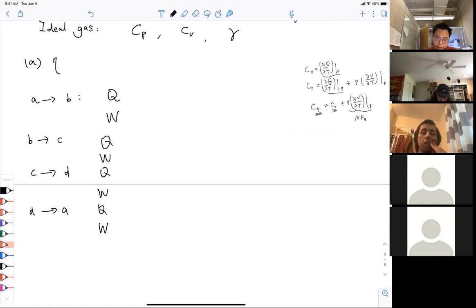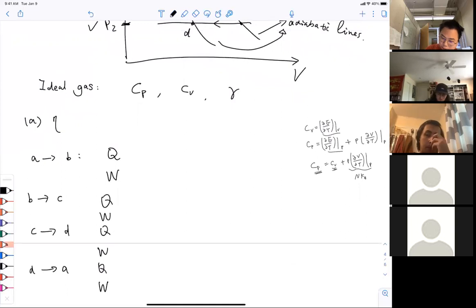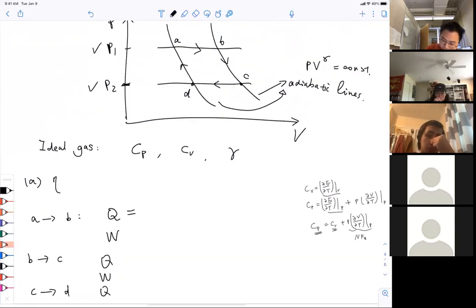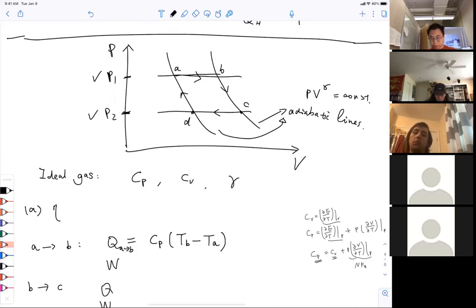So let's look at what Q and W are for each process. Q from A to B is nothing but CP times (TB minus TA), because it's a constant pressure process. That's the definition of CP.